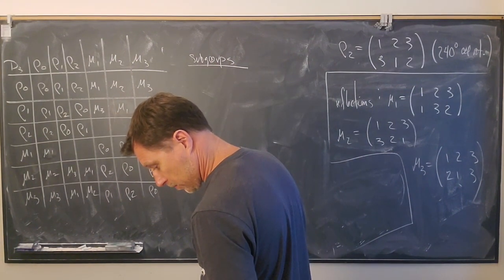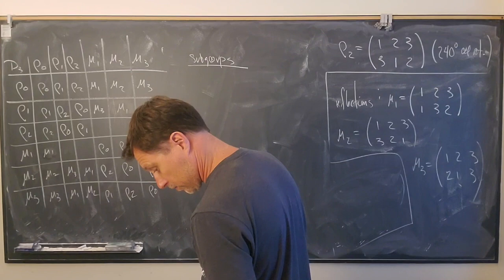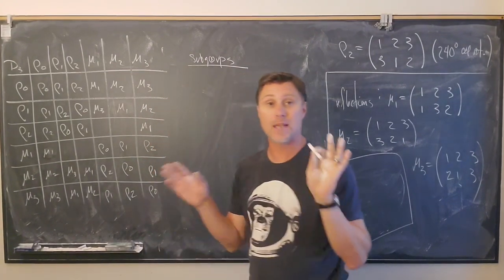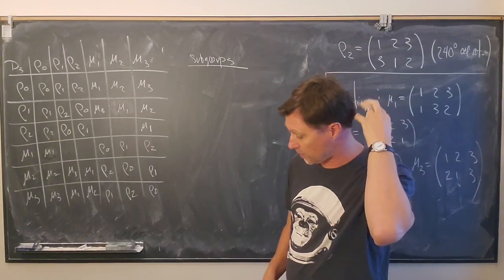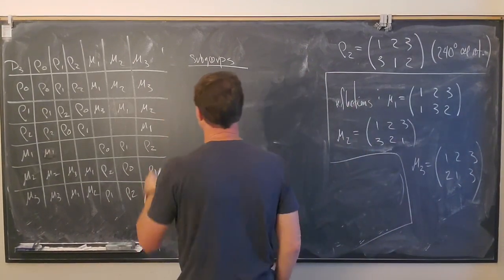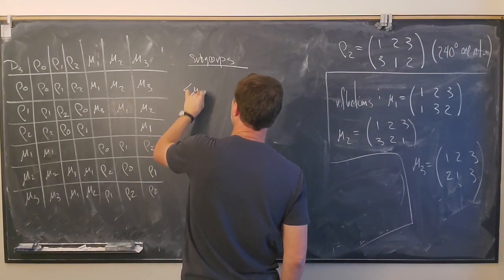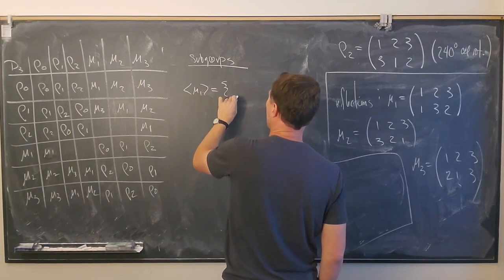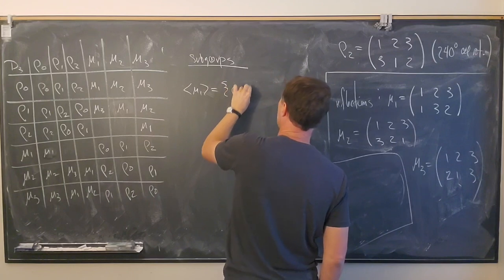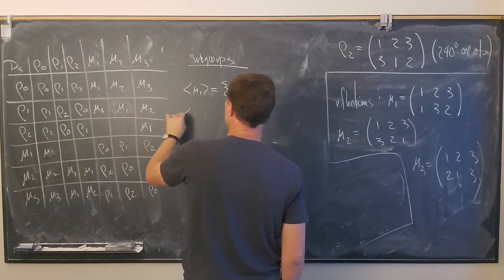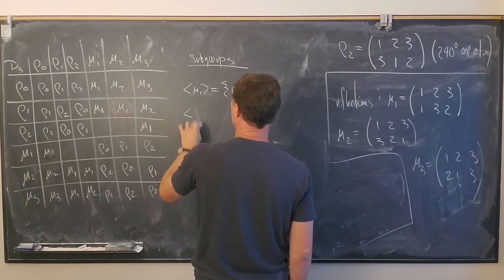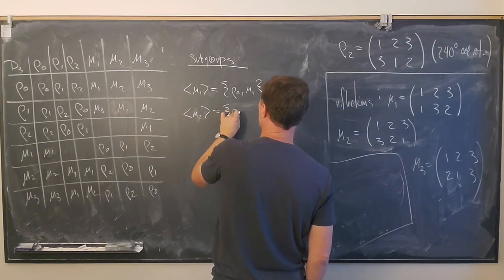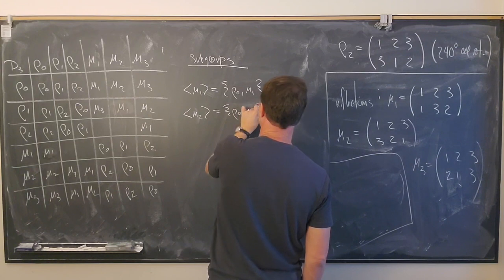Let's see. It turns out that all these subgroups of D3 are cyclic. This is not usually the case, right? But in this case, there's the subgroup generated by mu1, and so that's going to be row 0 and mu1. There's the subgroup generated by mu2, that's row 0 and mu2.